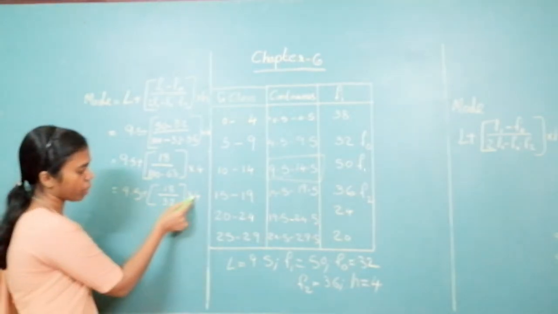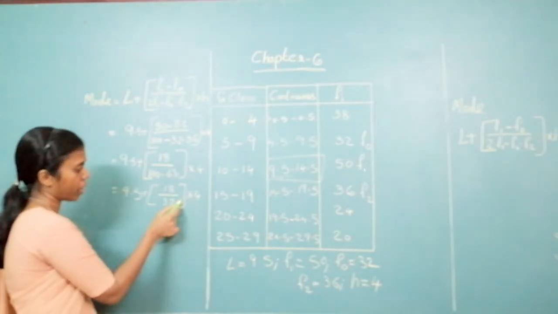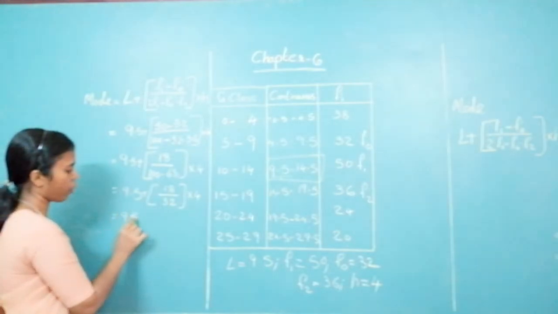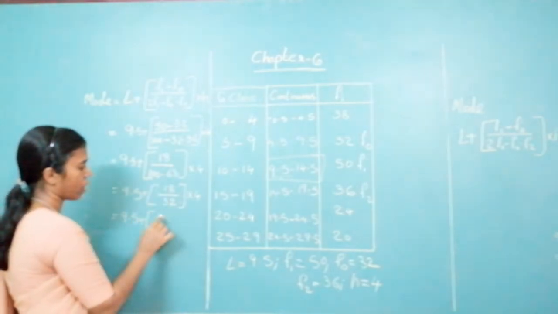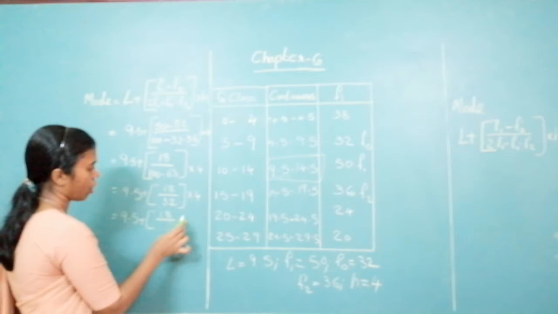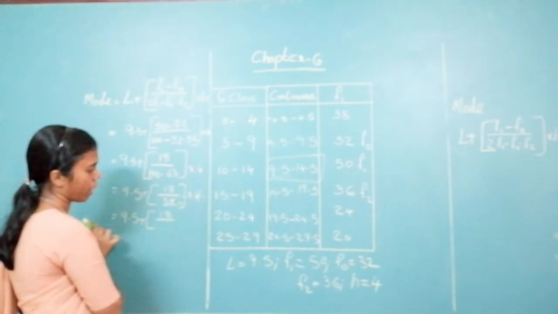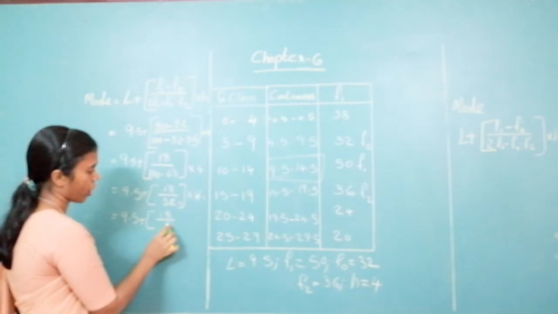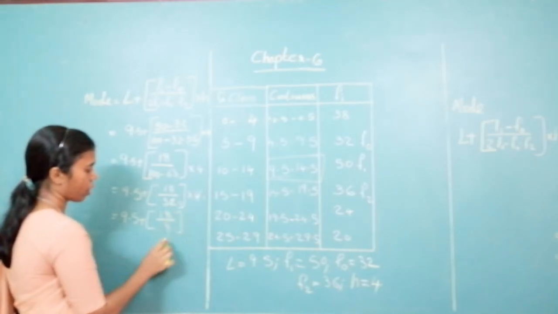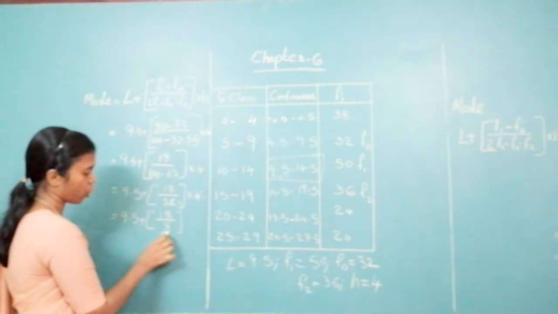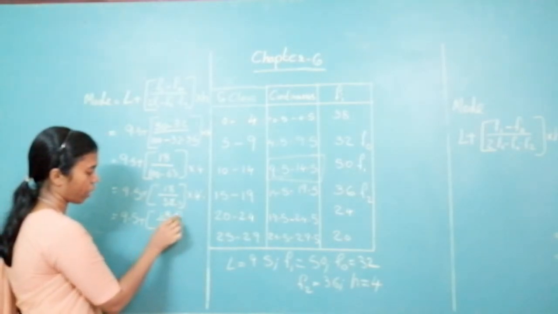Now this is multiplication, so you can cancel. You will be getting 9.5 plus 18 upon, if you cancel, 4 ones and 4 eights, 18 upon 8. Again you cancel with 2, you will get 9 and 4.